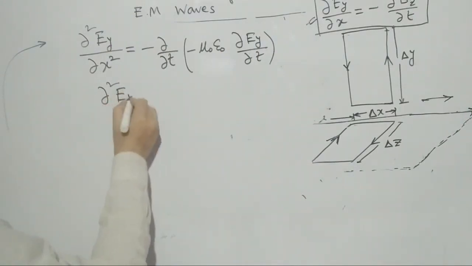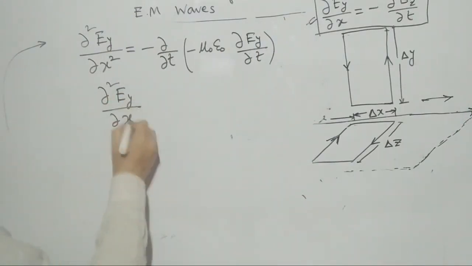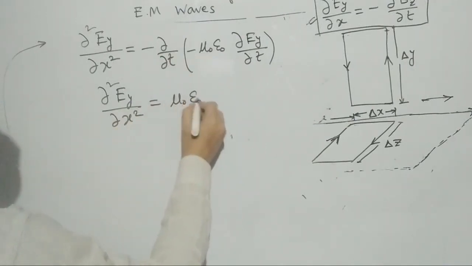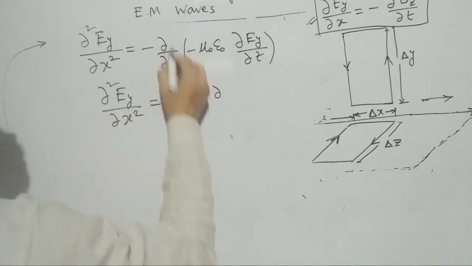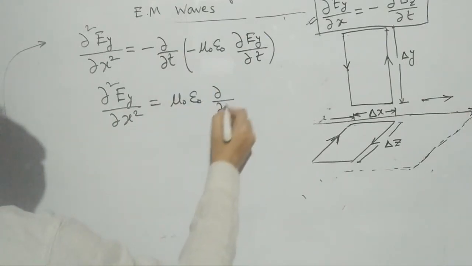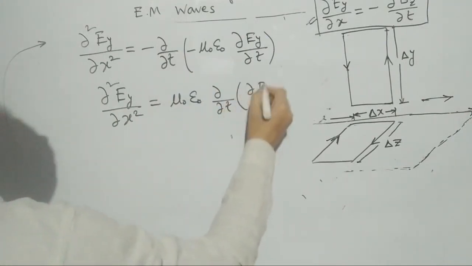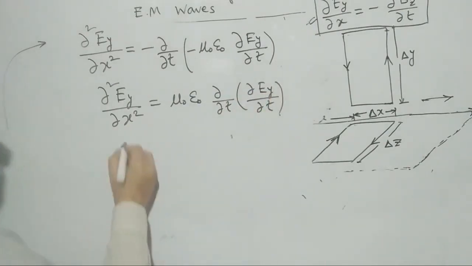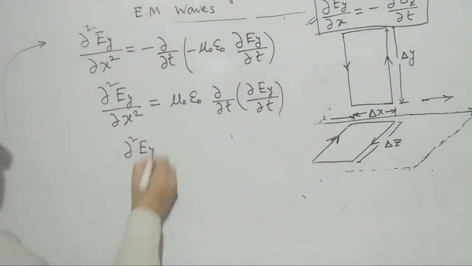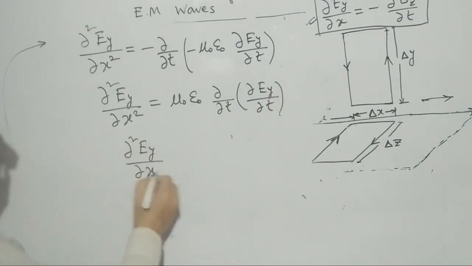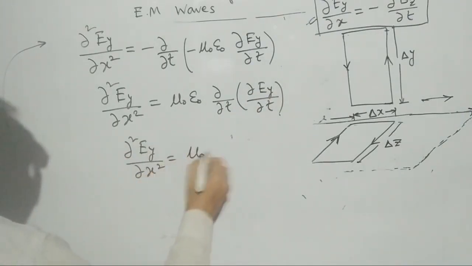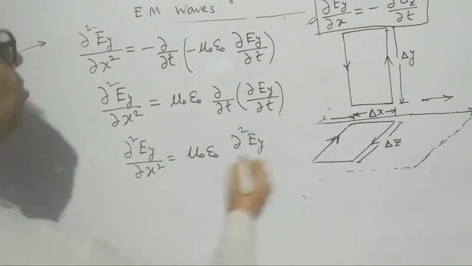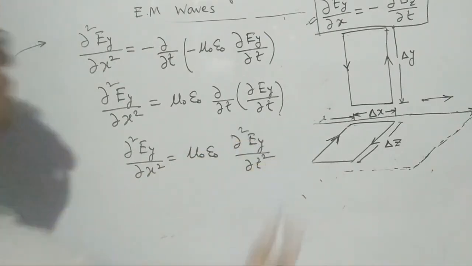This del square Ey by del x square equal to plus mu naught epsilon naught, and this is del by del t. So this will give you del square Ey by del x square equal to mu naught epsilon naught del square Ey by del t square.